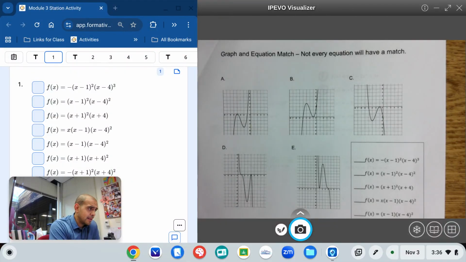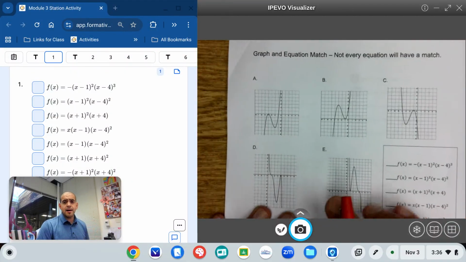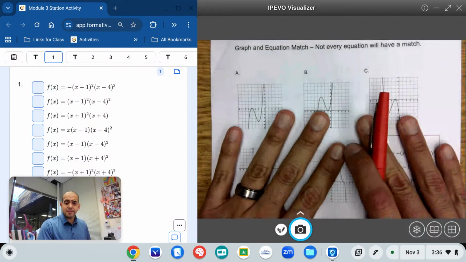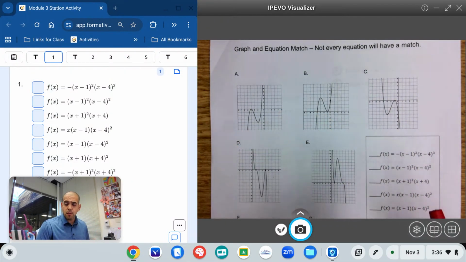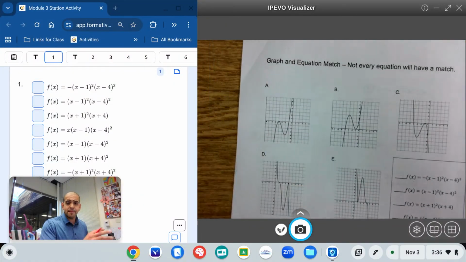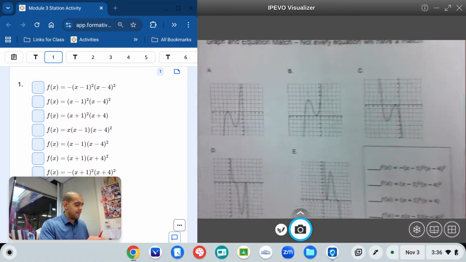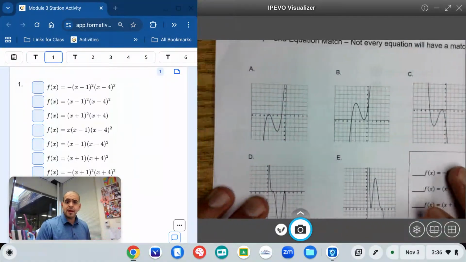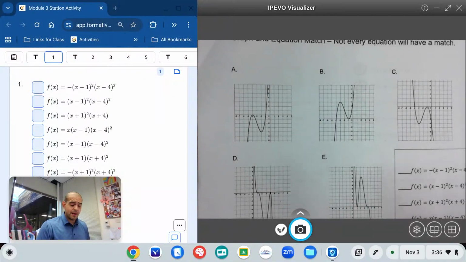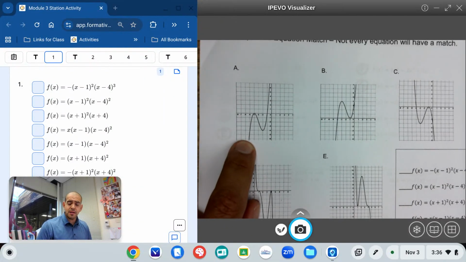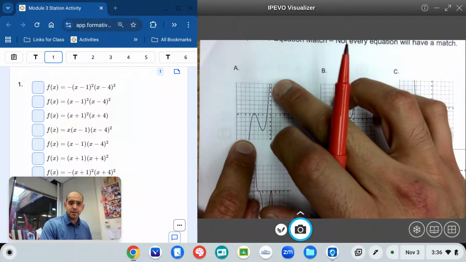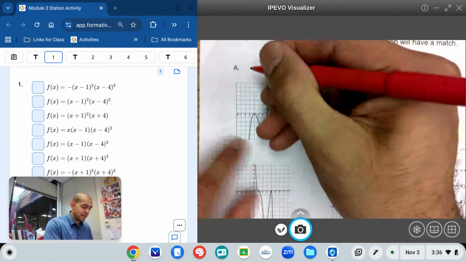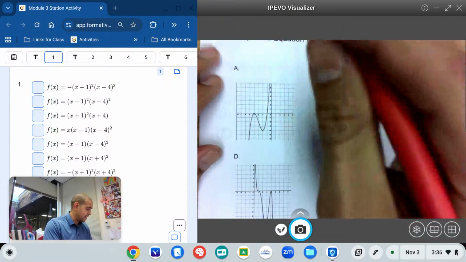Okay, letter A. So this might look overwhelming, but let me break it down for you in a way that's a little more manageable, okay? So for each graph, if you notice, it's either even or odd. If it starts in one direction and ends in the other, that's the definition of an odd function, okay?